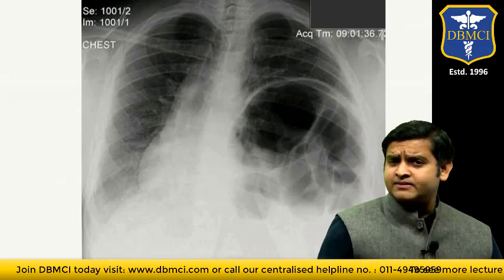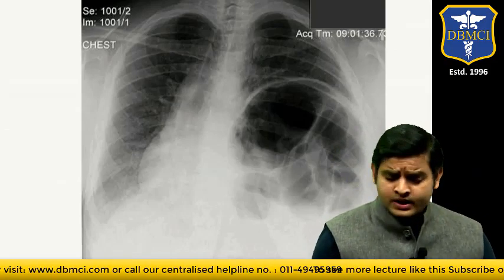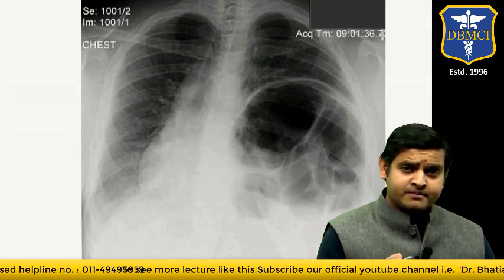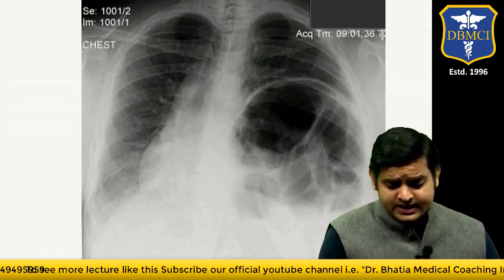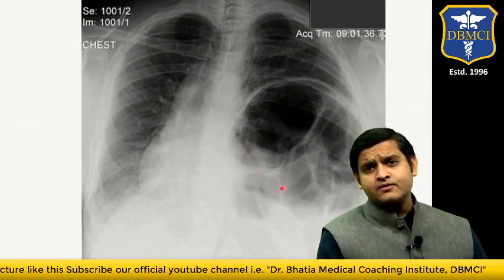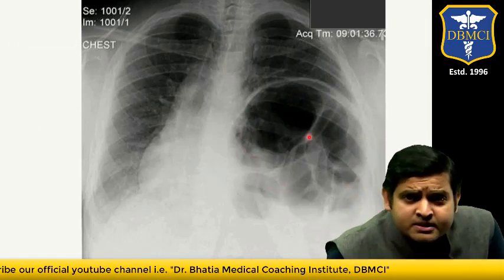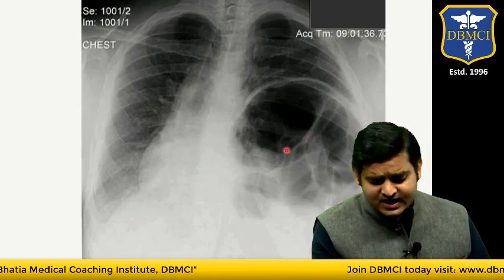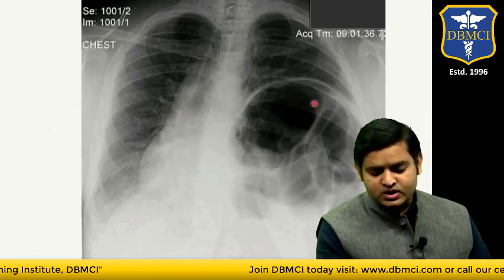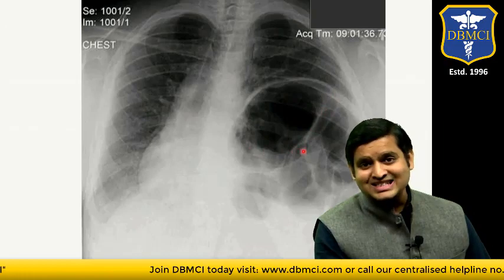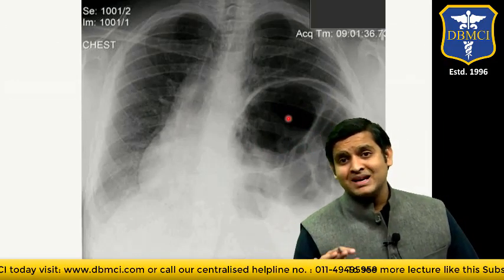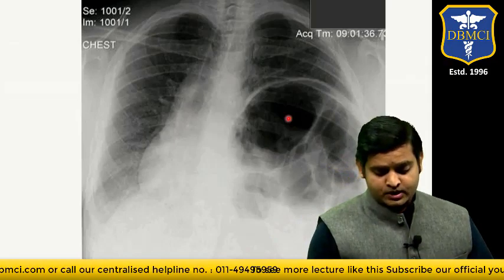But I feel that if the examiner wants to show you free air, most of the time it will be towards the right hemidiaphragm that they will be showing you. Second, if you see the free air carefully, because ultimately it will be somewhere in a bowel loop, you will be seeing the bowel lines, these whitish lines, which can help you in identifying that this air is not free air, it is basically present in a bowel loop.